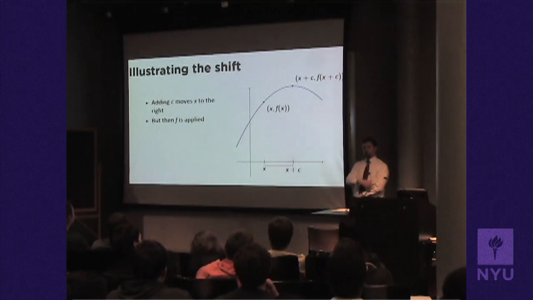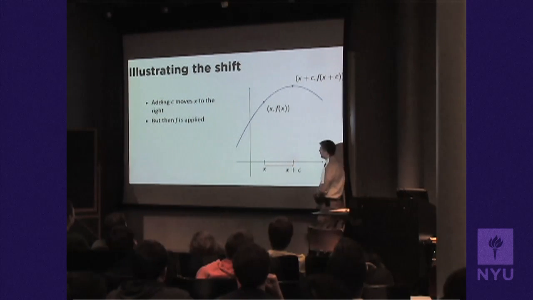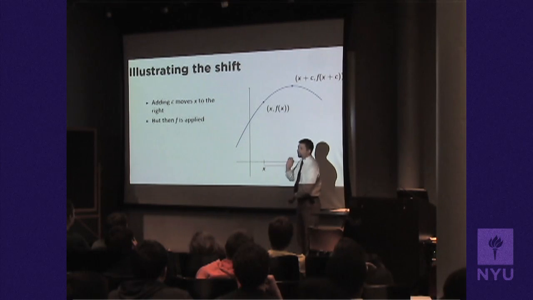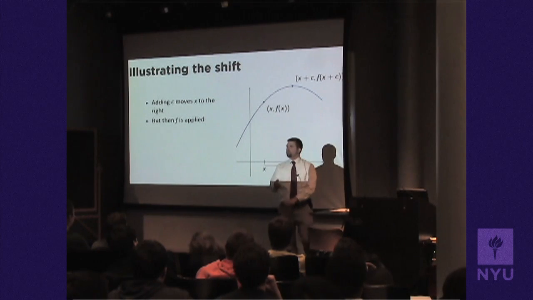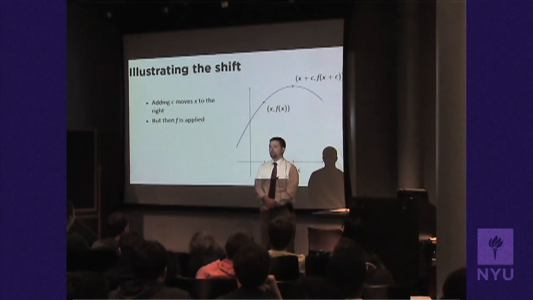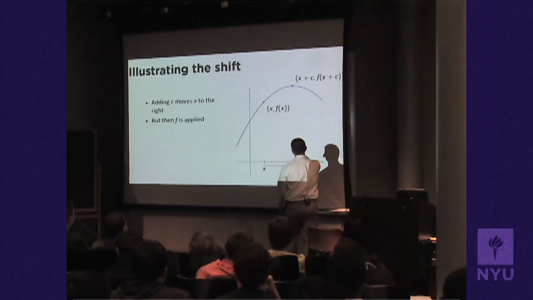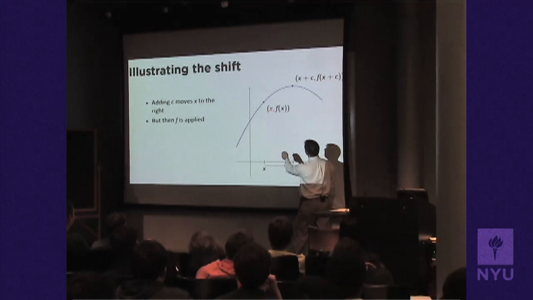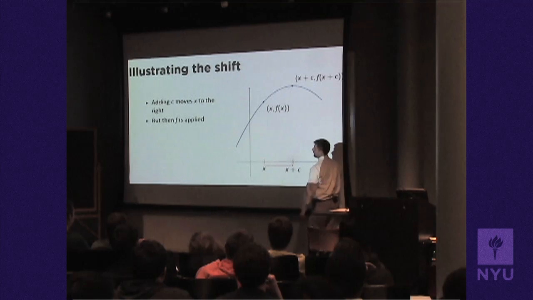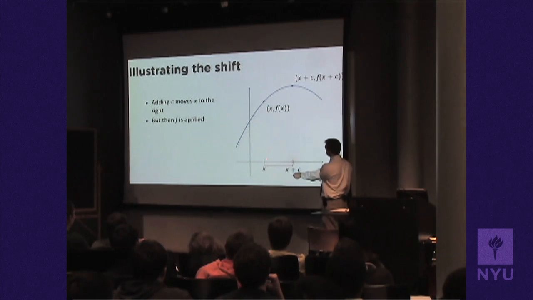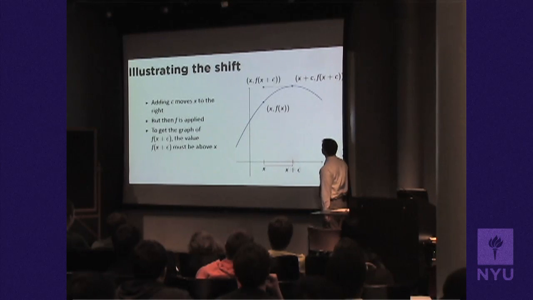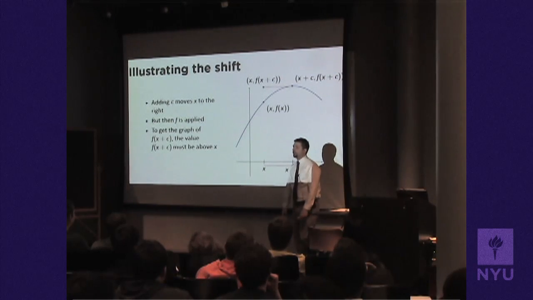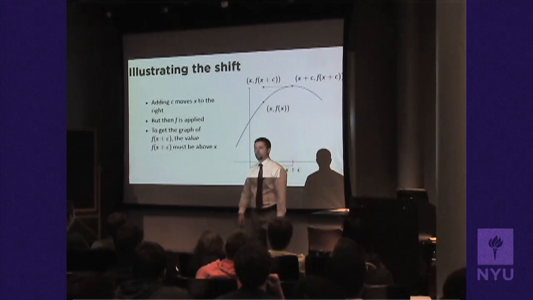All right, so we looked to the right when we translated the x-coordinate by a constant. But what did we want? We want the graph of the function y equals f of x plus c. So what I want is the point x, comma, f of x plus c. The x-coordinate will be here, and the y-coordinate is the height of this point. So over here, I have the point x, comma f of x plus c.